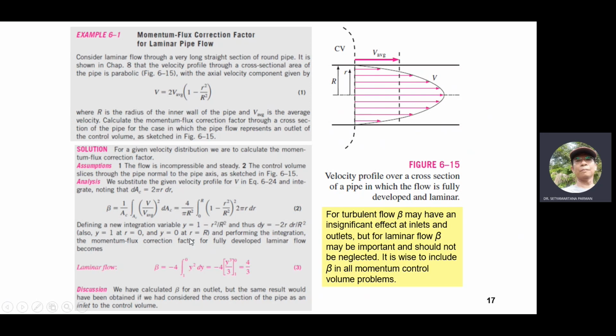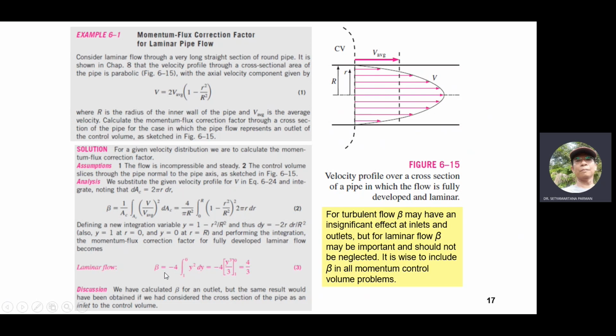And performing the integration, the momentum flux correction factor for fully developed laminar flow becomes this expression. So beta equals minus 4 times the integral from 0 to 1 of y square dy. So we have replaced this equation by the new definition in y here.